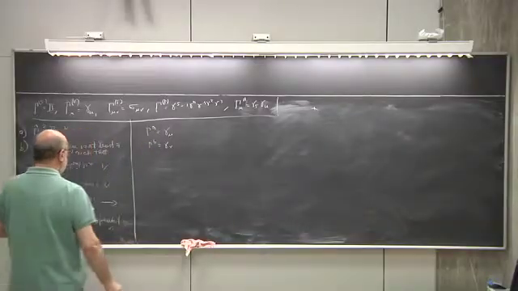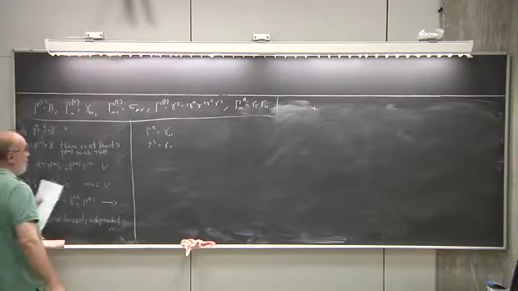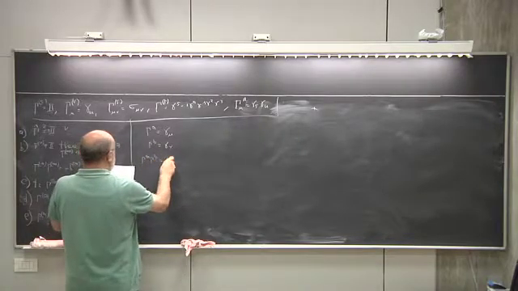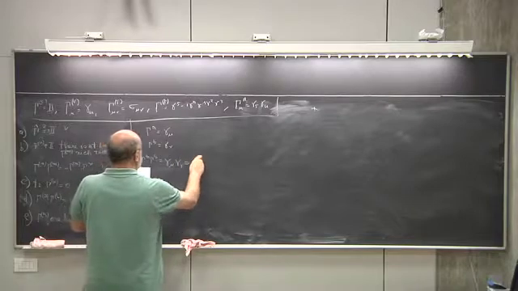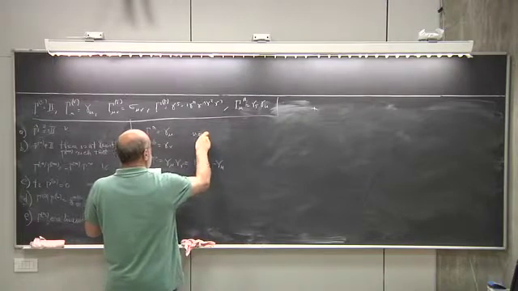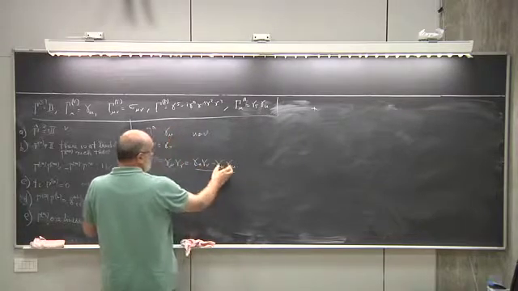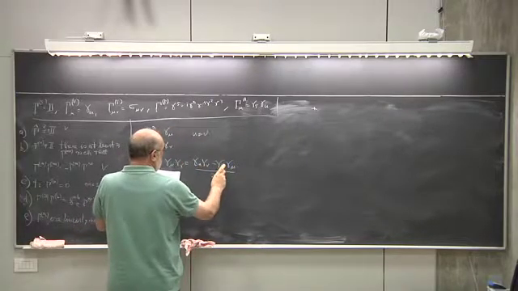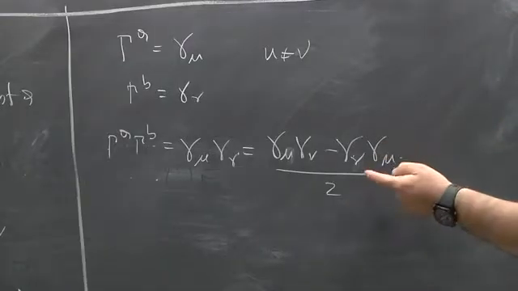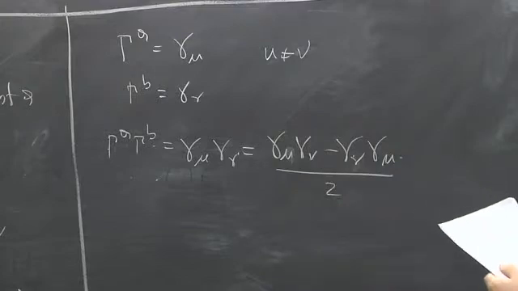Then we have to prove that the product of the two can always be written as a combination with some coefficient of a gamma C. Well, gamma A gamma B is equal to gamma mu gamma nu, that is equal to gamma mu gamma nu minus gamma nu gamma mu over 2, and let's take mu different from nu, because these two anticommute, as mu and nu are different, there is no g mu nu.